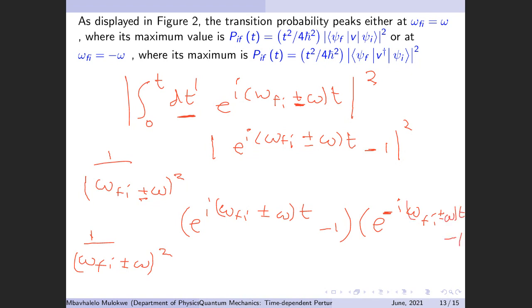For now, I will be ignoring the term in the denominator, so we are only left with that. Once you multiply everything out, this multiplied by that gives you 1. Similarly, that multiplied by the minus 1, multiplied by the minus, gives another 1, minus 2.